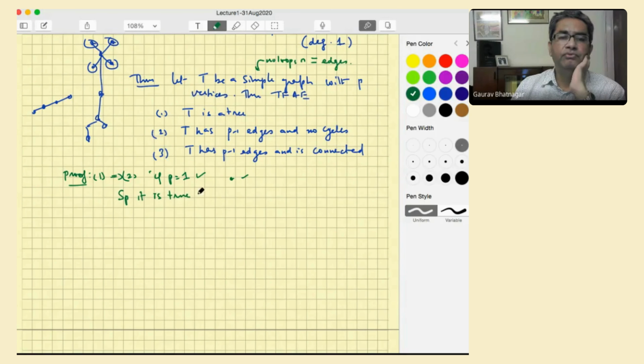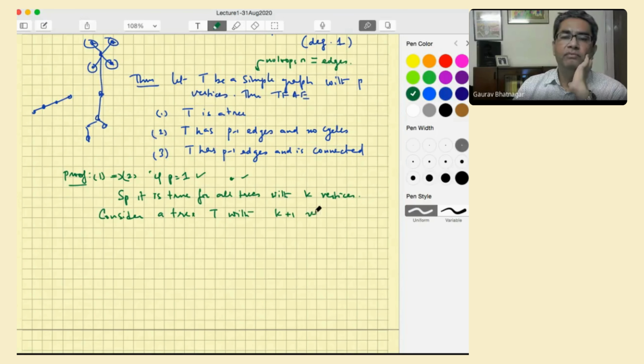Suppose it is true for all trees with k vertices. Now you consider a tree T with k plus 1 vertices.